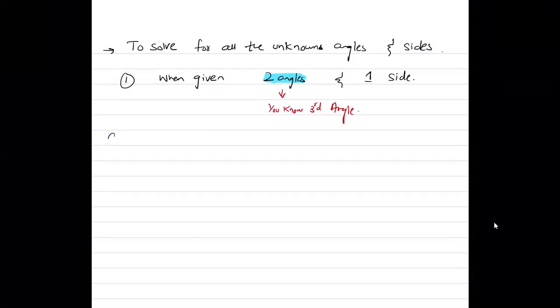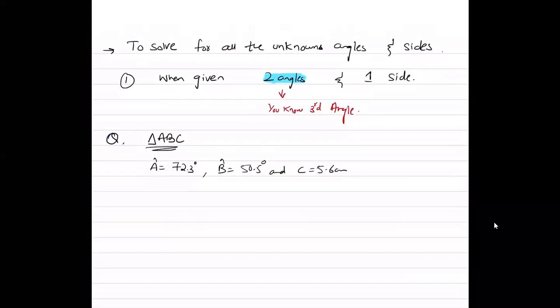Let's say in triangle ABC, angle A given to you is 72.3 degrees, angle B is 50.5 degrees, and c is given to you as 5.6 centimeter. If this information is given and you need to solve the triangle, meaning you need to find the unknown sides, let me draw this triangle.